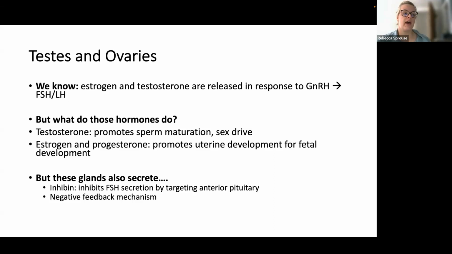So you can imagine that if your estrogen and progesterone levels are high because you're pregnant, there's no need to mature more follicles and eggs for ovulation, right? You don't have a period when you're pregnant, you're not ovulating when you're pregnant. And so when estrogen and progesterone levels are high, inhibin is released to tell the anterior pituitary to save it. We don't need your FSH right now, not for 9 more months, right? And that's a negative feedback mechanism. Okay, if something's high, then it shuts something else off. That's kind of the idea here. So I want you to keep that in mind.